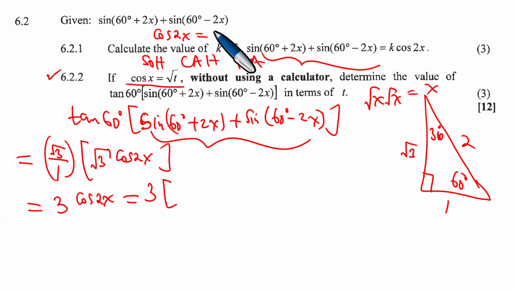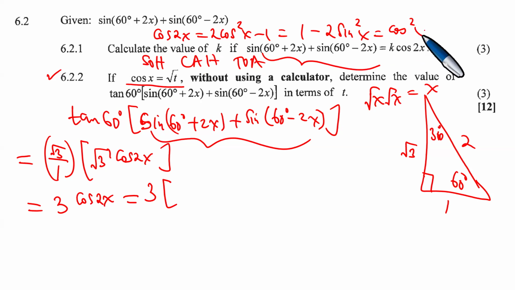So we're going to use the identities: cosine 2x is 2 cosine squared x minus 1, but it's also 1 minus 2 sine squared x, which is also cosine squared x minus sine squared x. Okay, there are three identities. So for cosine 2x, we can choose here. We can write 2 cosine squared x minus 1, or we can write 1 minus 2 sine squared x, or we can use cosine squared x minus sine squared x.